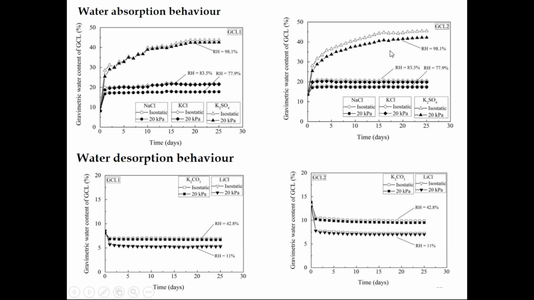So this is the similar test result for GCL2, but one difference is noted in GCL2 as compared to GCL1, that the maximum water content achieved by GCL2 is less, because GCL2 has a geomembrane on one side, so it absorbs less moisture as compared to GCL1, where there is no geomembrane.